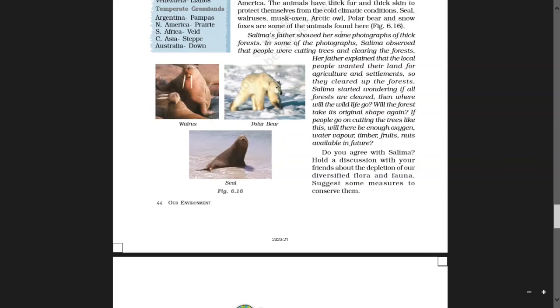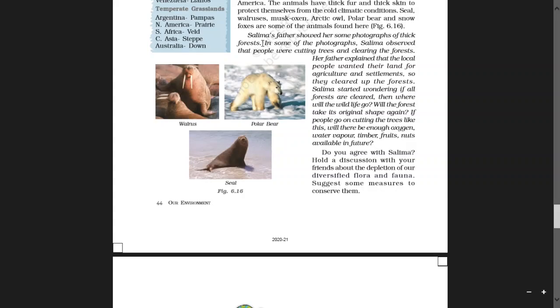Salima's father showed her some photographs of thick forests. In some of the photographs, Salima observed that people were cutting trees and clearing the forests.